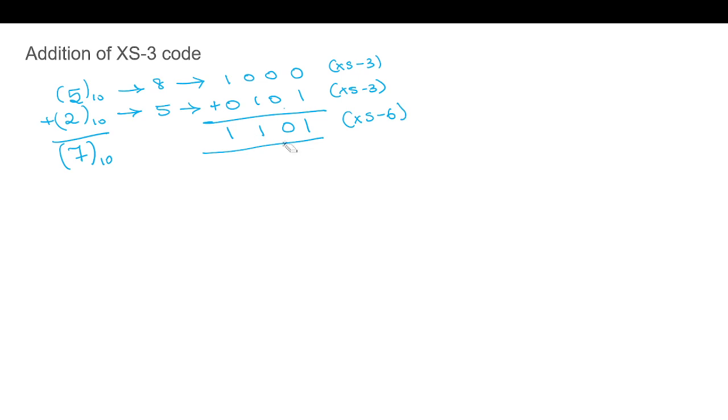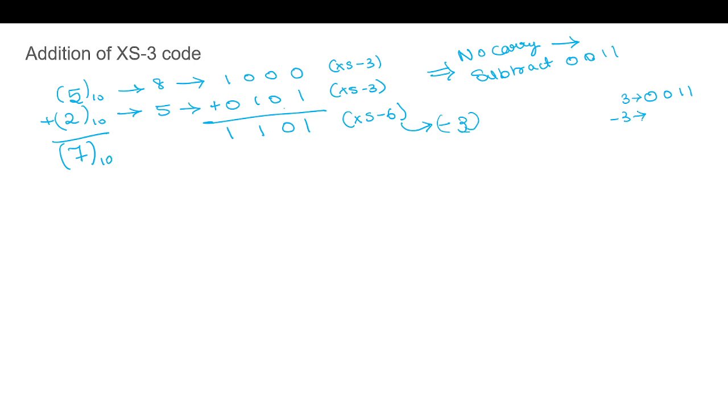So what we have to perform is subtract 3. When there is no carry, at that time we have to subtract 0011. To subtract 0011, I can add minus 3. This is plus 3, what is the minus 3? If I take the 2's complement representation, this will be the minus 3. So I have to add 1101.